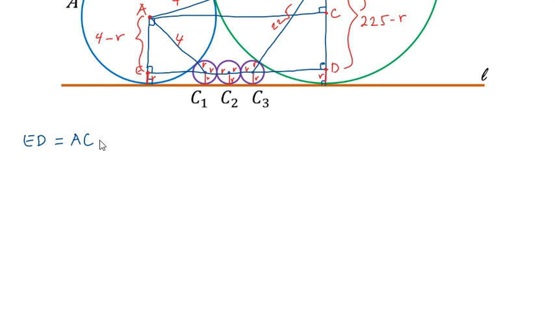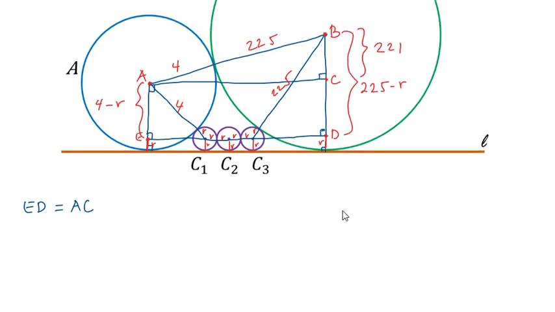Now let us find expressions for ED and AC. If we focus first on ED, we can find an expression for ED by applying the Pythagorean theorem to this triangle, repeating the process to this triangle. We also apply the Pythagorean theorem to find the bases, and then we add those bases to this segment.